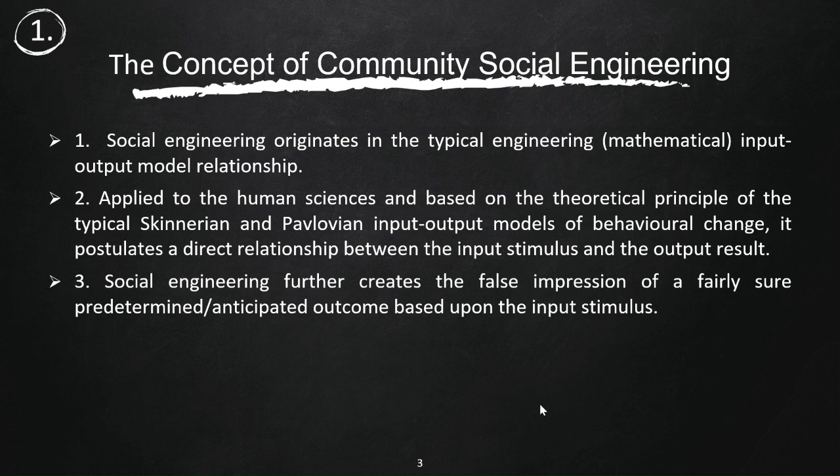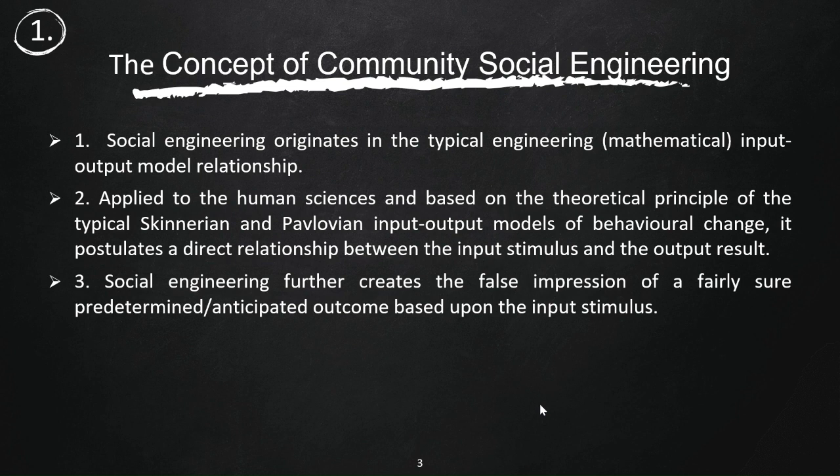kind of uses the input-output model, where you do this in the community, you get this back. The input model is to bring about behavioral change in communities, in health, improved livelihood, finances, or maybe childbirth and all those things.